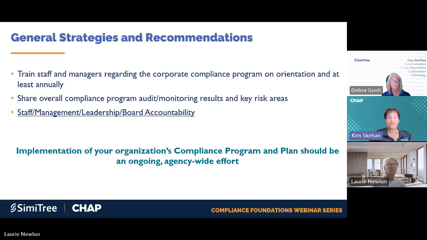Equally important is ensuring that your staff understand and know your policies as it relates to their role, and that you are implementing policies, implementing operations in accordance with your policies. So you want to make sure that you're not only reviewing the policies, but that the staff receive education, they understand the policies, any changes, and the operational implementation.